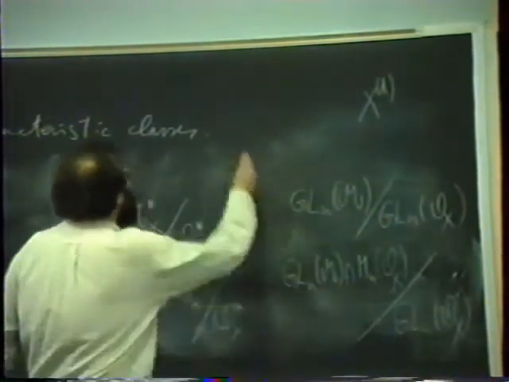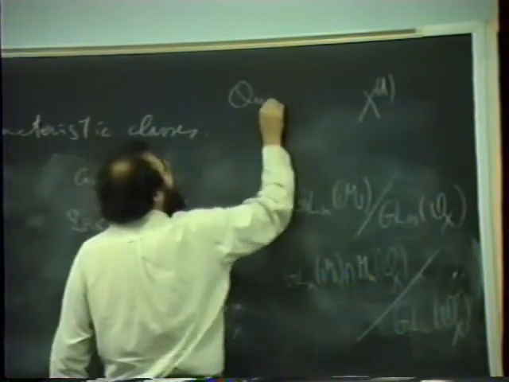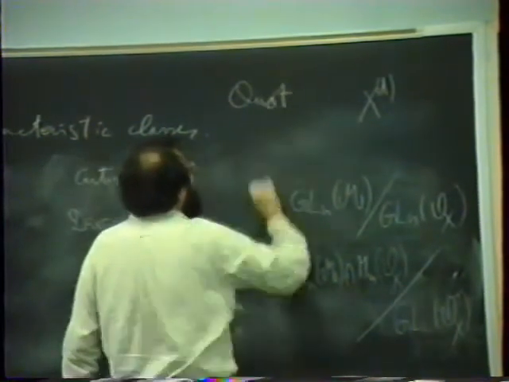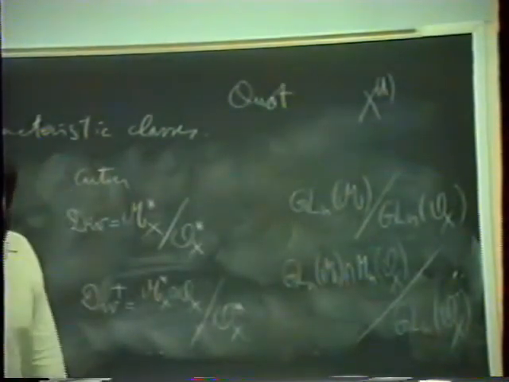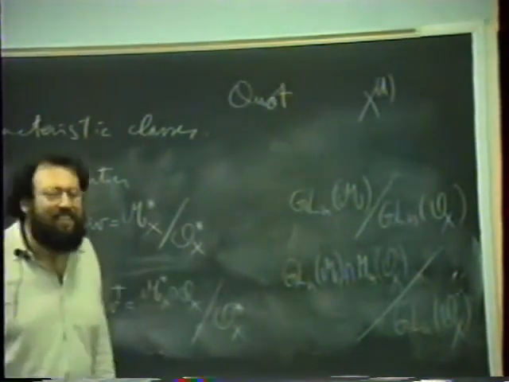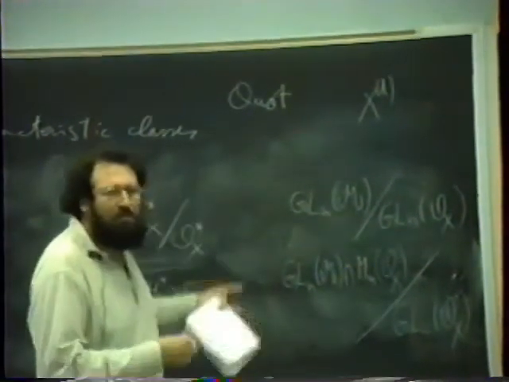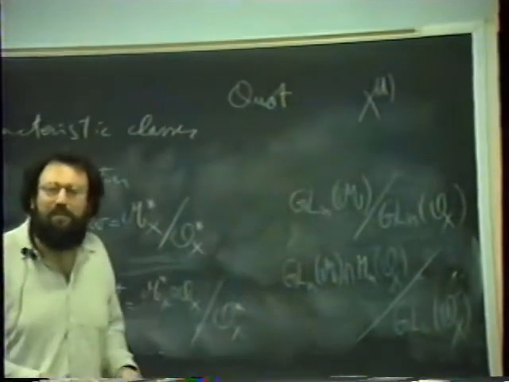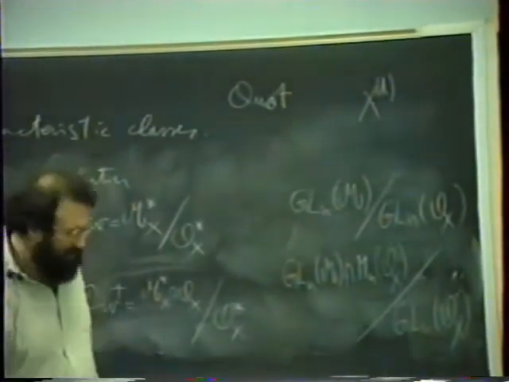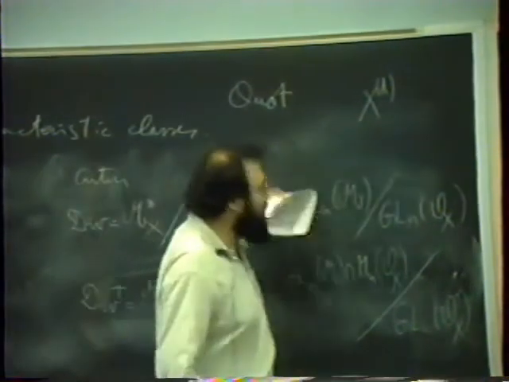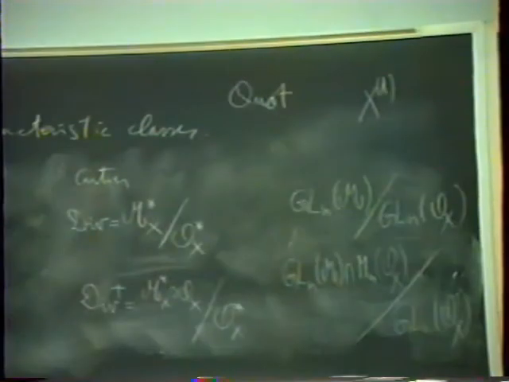Quotients: it's a technical notion that Grothendieck introduced. I could go into what it is, but I think right now maybe it's better if I don't. It's an analog of the Hilbert scheme, for those of you who know that.